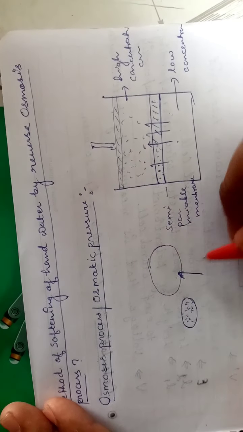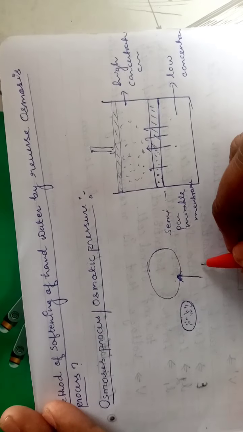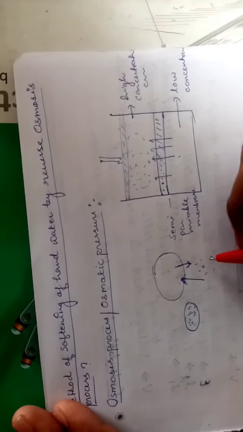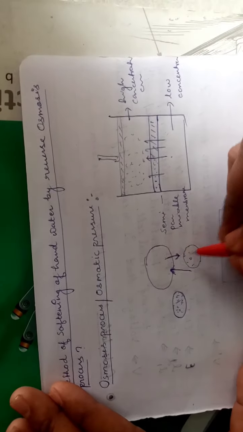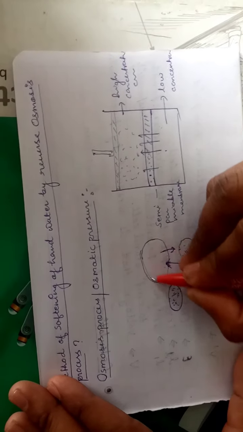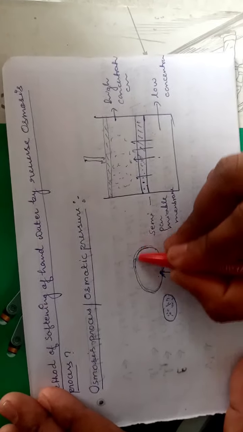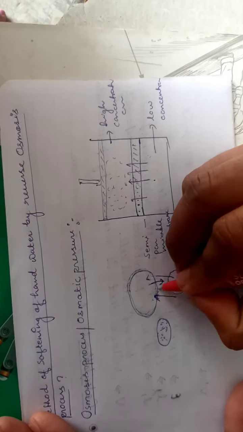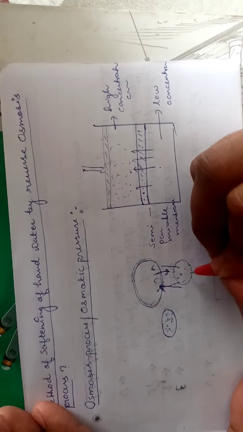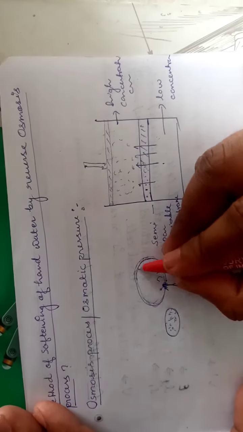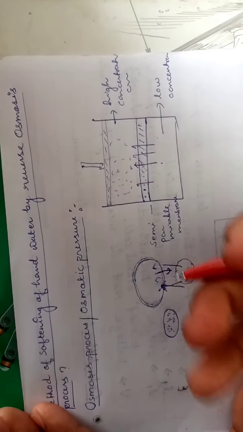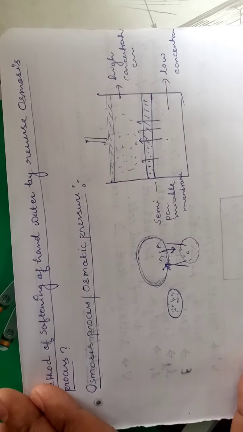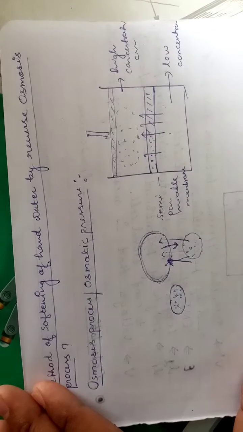Why does it swell due to osmosis? The liquid in which you put the kismis has a low concentration of sugar, and the kismis has a high concentration of sugar. So the liquid starts to move from low concentration to high concentration, the kismis swells and becomes bigger in size, and the pressure exerted on the kismis is called the osmotic pressure.